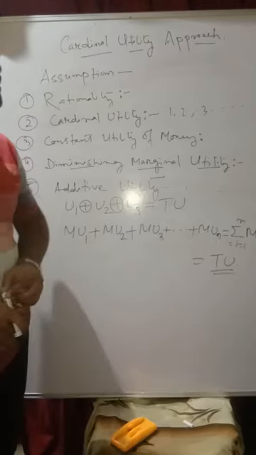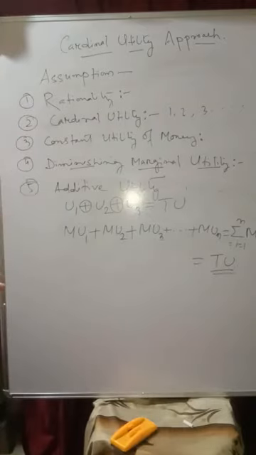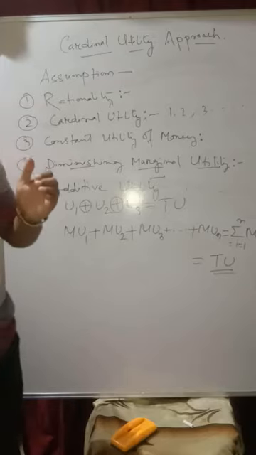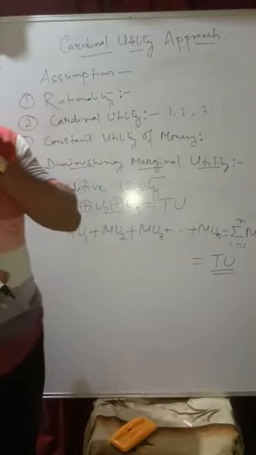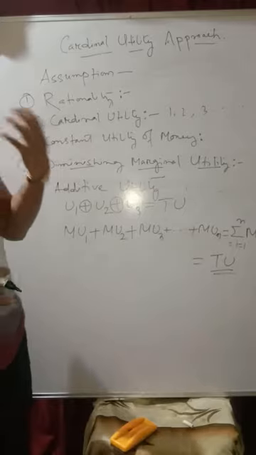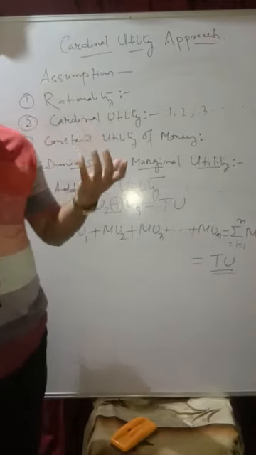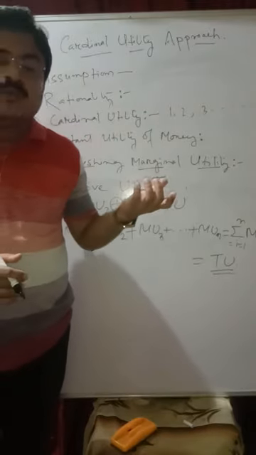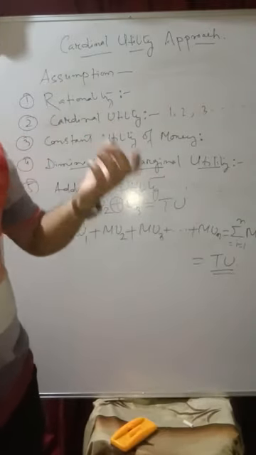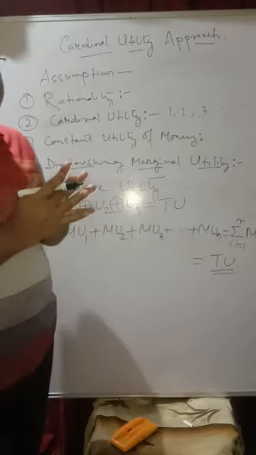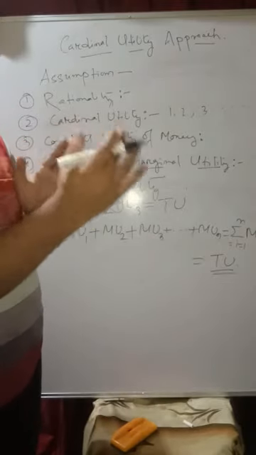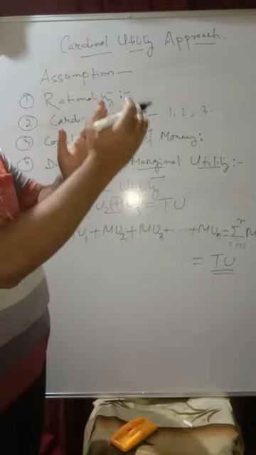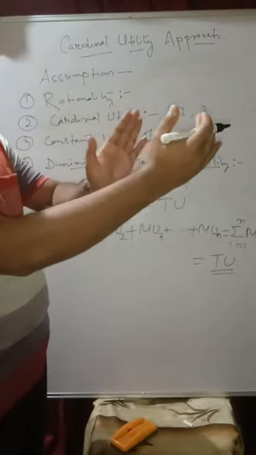For today, if I sum up, first we have discussed what consumer behavior is, what consumer satisfaction is, what consumer's equilibrium is, and to derive consumer's equilibrium we need the term utility. Now we have defined what utility is, what total utility is, what marginal utility is, then we have demonstrated there are three different approaches to derive consumer's equilibrium point: the cardinal utility approach, the ordinal utility approach, and the revealed preference approach.